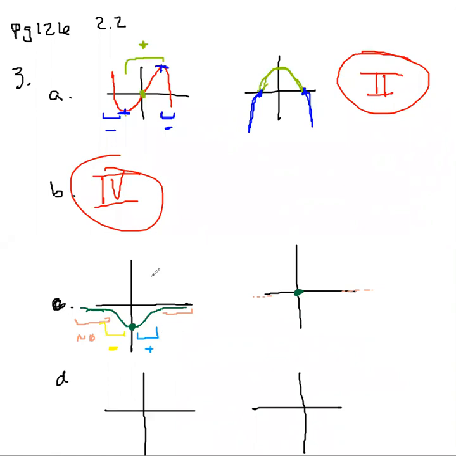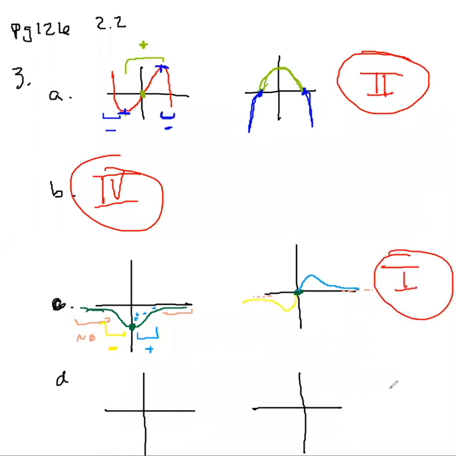And it's going to start off as more positive, and then it's going to be less positive and less positive as it approaches 0. So what does that look like? We have more positive and then less positive as it approaches 0. And then for this version down here, we have more negative and then less negative as it approaches 0. So exactly right. This is going to be graph number 1.